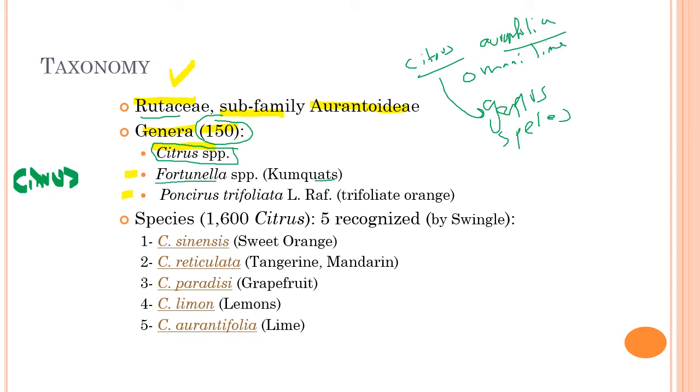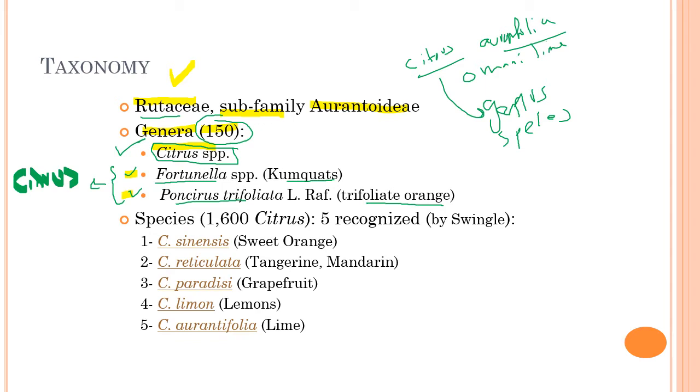One is the kumquat, that is Fortunella, and the other one is trifoliate orange, that is Poncirus trifoliata. When we talked about nuts, there are certain crops that are not nuts, but we call them nut crops. These are the same thing: they are not really citrus, but they belong to the citrus crops.